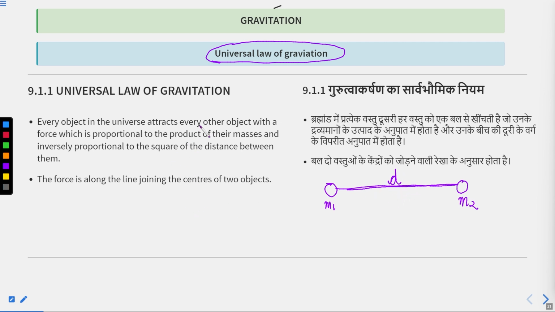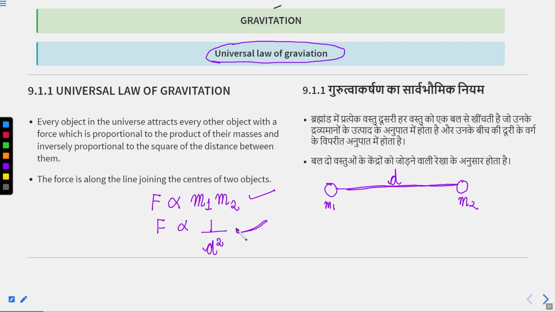Then what does the universal law of gravitation say? It says that the force is directly proportional to the product of their masses and inversely proportional to the square of the distance between them.